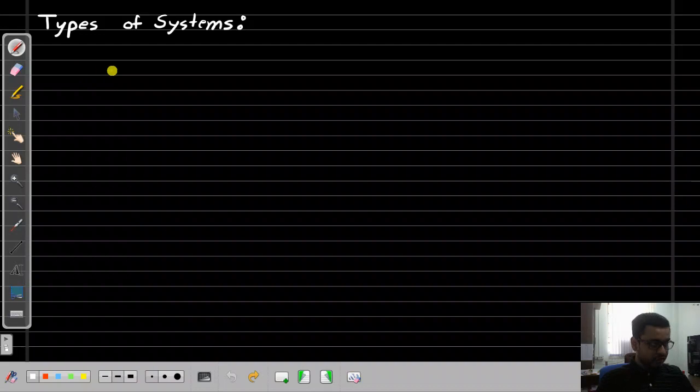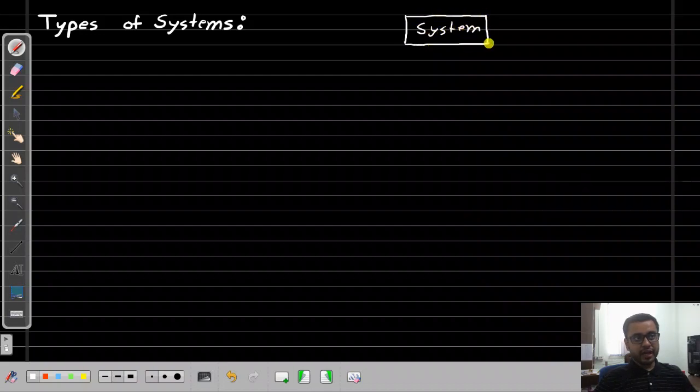For that, remember that we represent a system with a box having an input which we can denote as x(t) and the output y(t).